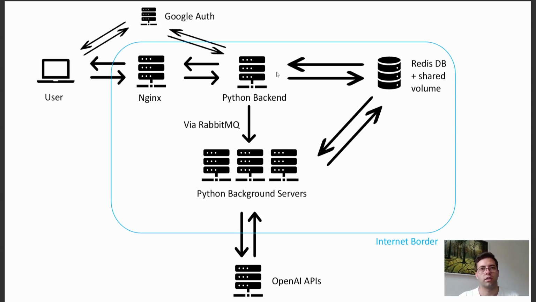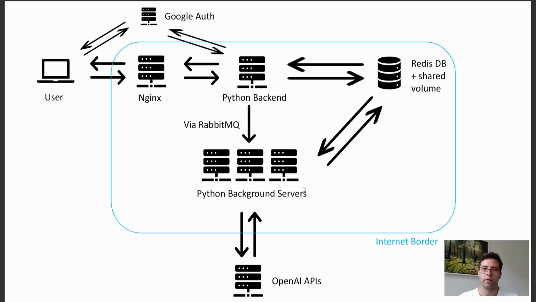The other big task of the Python backend is that it puts messages via RabbitMQ on a queue, and there's other Python background servers that read those messages from RabbitMQ. These Python background servers read those messages and process the messages. They read data from the Redis database and also write to the database.